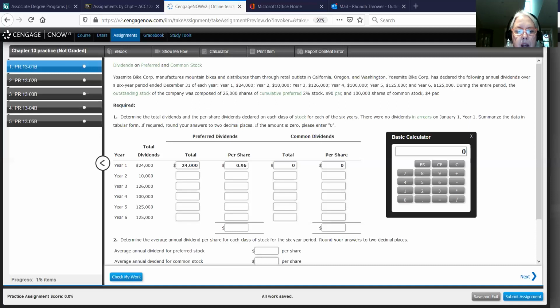So the amount that we paid out in dividends was $10,000 because we owed our preferred stockholders in year two $66,000. We're going to pay all of the $10,000 to our preferred stockholders.